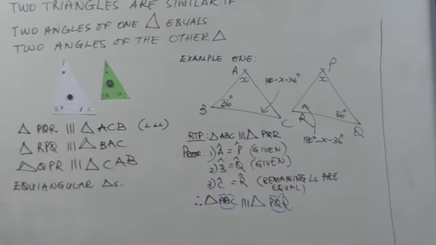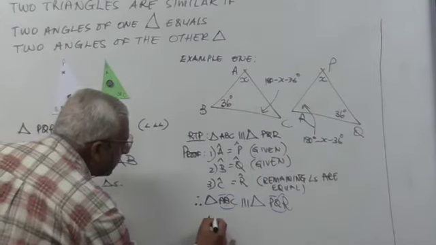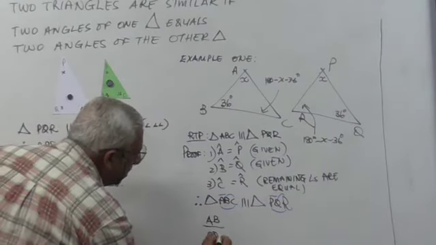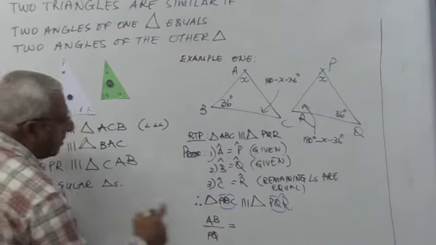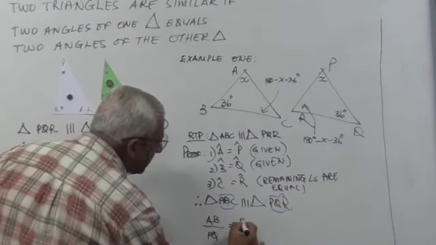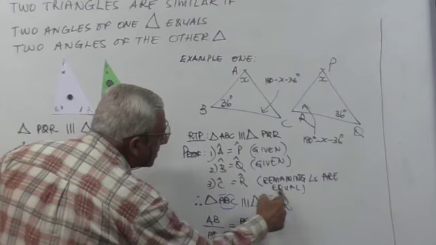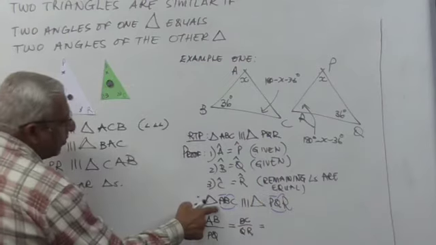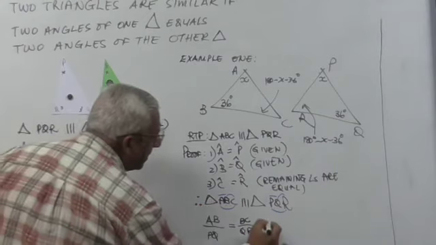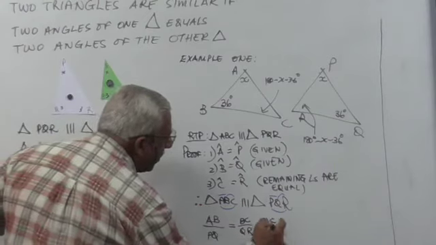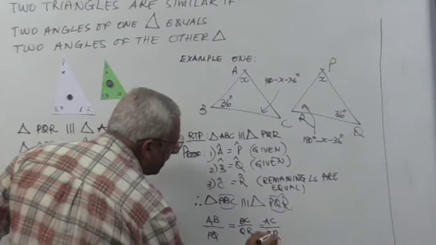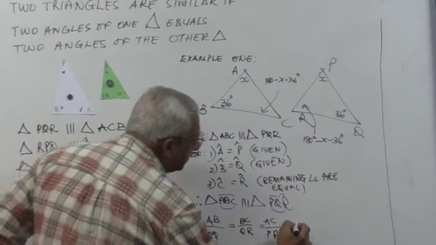So you take the first two, which is AB. AB over PQ will equal BC, the second two, over the second two, QR, which will be equal to AC, first and third, over first and third, PR.